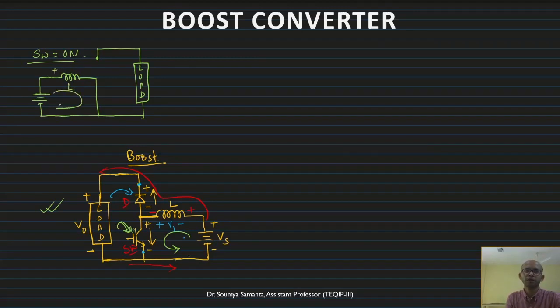The current will flow through this. This is Vs, and this is VL, with plus and minus polarity. The inductor will be charged, and this is L. Now, if we consider small r, that means the internal resistance of this inductor, which is very small.